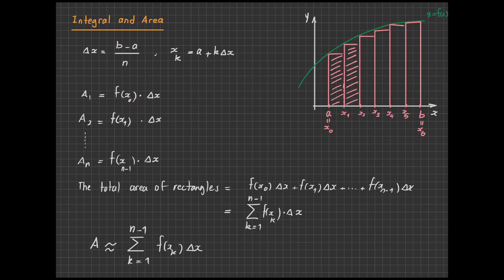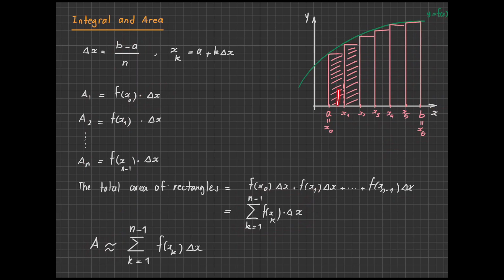Yes? So if I ask you how can I make this error smaller, what do you answer? Yes? Making more rectangles. Make more rectangles. Is that clear? I just want you to intuitively feel that if instead of dividing my interval into 6 subintervals, I divide it into 10 subintervals, yes, I have smaller errors.